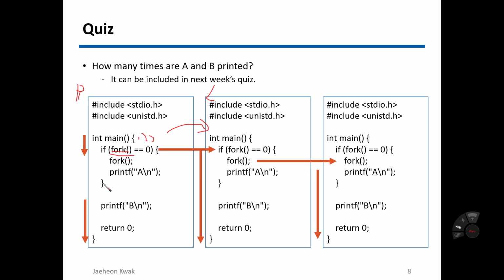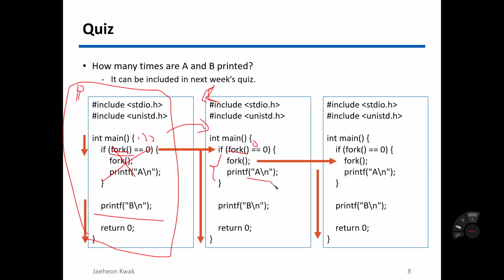So for the parent process, these codes will not be executed, and only one B will be printed. For the child process, the fork function will return 0, right? So these codes will be executed, and 1A and 1B will be printed.